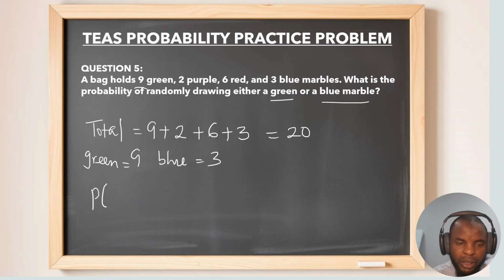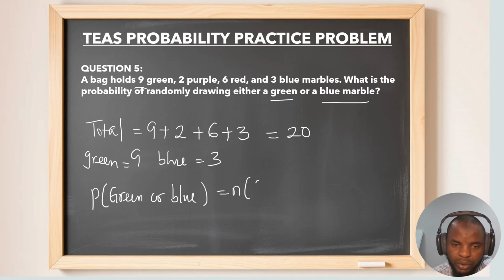So the probability of drawing the green or blue, using the same approach, is just going to be the number of green, or blue, over total.